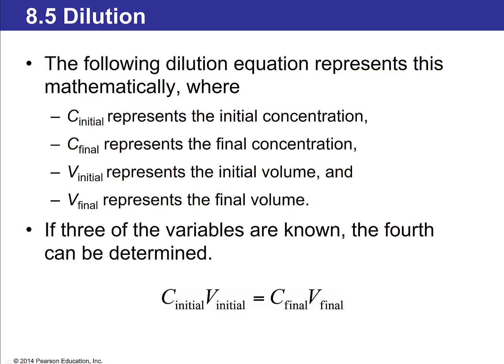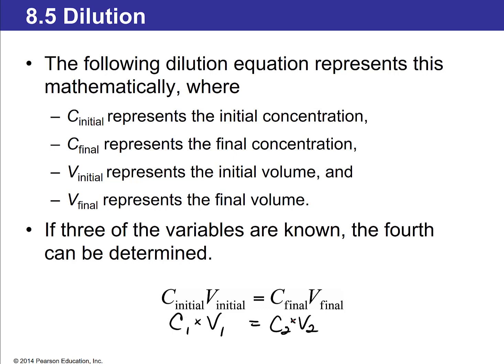If you know the initial concentration and the initial volume, they are going to be proportional to any changes that you make in the volume and the effect of reducing the concentration.